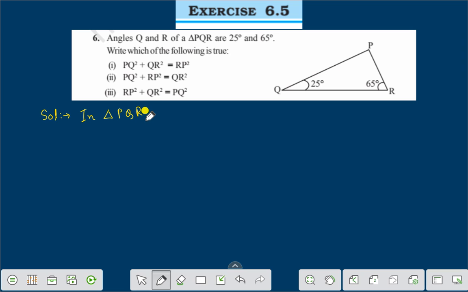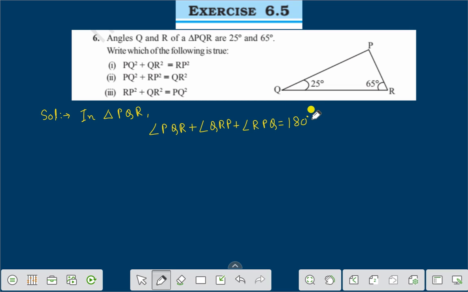Therefore, you can say that angle PQR plus angle QRP plus angle RPQ is equal to 180 degree.